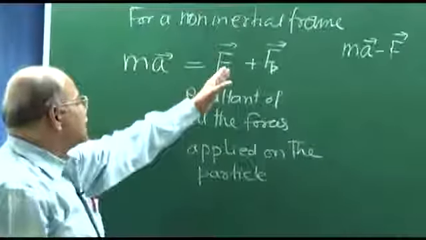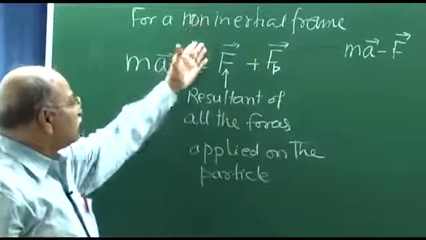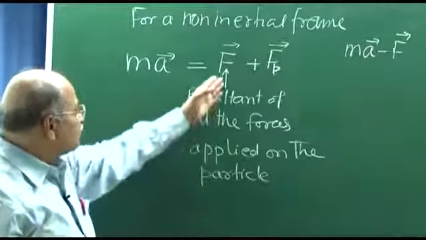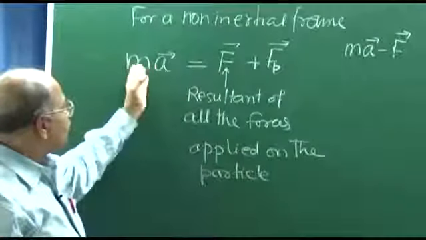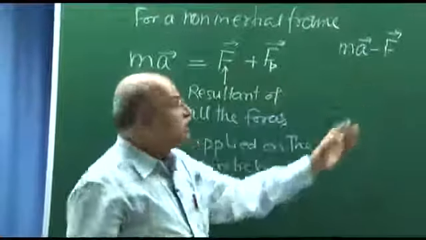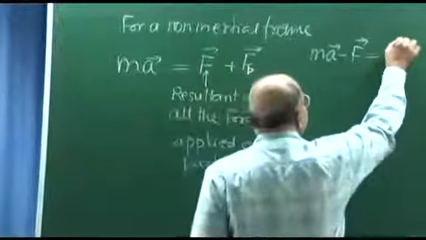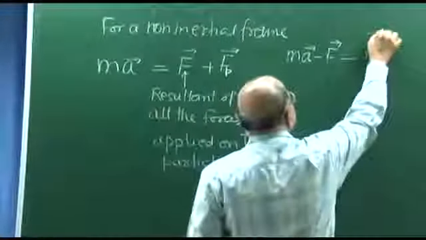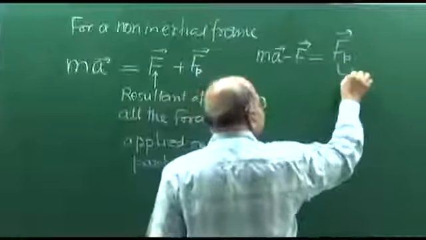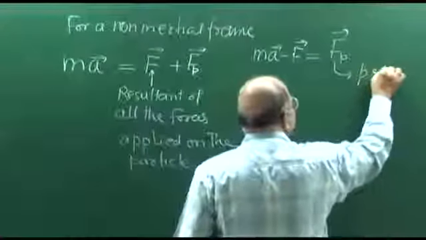And if this frame is non-inertial, the resultant of all the forces applied on the particle is not the same as mass times acceleration. So, ma minus f will not be 0, and that we are writing as Fp. And this extra term which is coming because of this non-inertial frame is known as pseudo force.